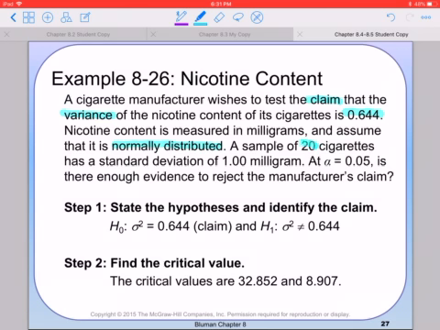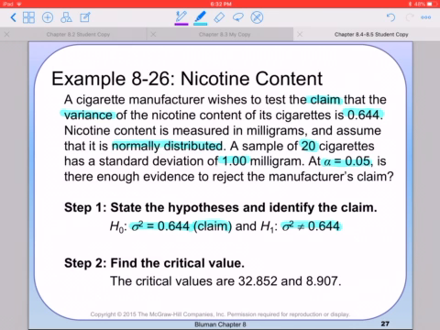A sample of 20 cigarettes has a standard deviation of 1 milligram. At alpha equals 0.05, is there enough evidence to reject the manufacturer's claim? So here we are with our variance, our null hypothesis, and that's our claim. The alternate hypothesis is that it doesn't equal 0.644.